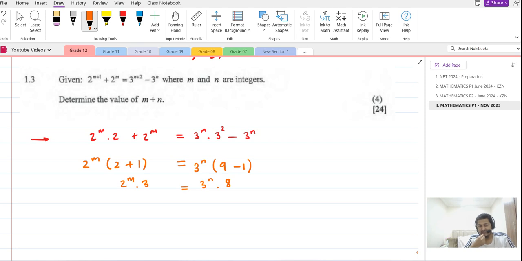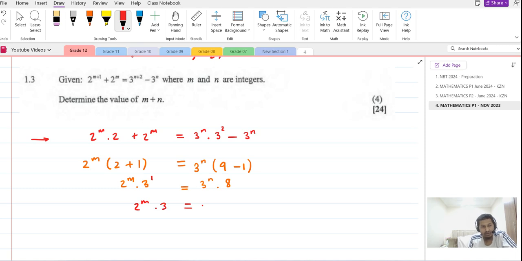So how will this work now? Alright, so 8 we can write as 2 cubed, and this is 3 to the power 1. So 2 to the power m times 3.